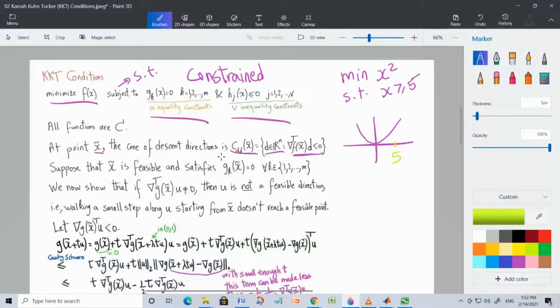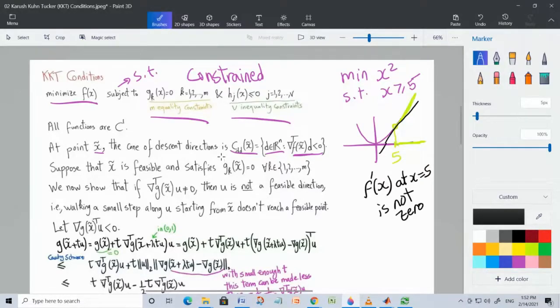Because now we want x to be greater or equal to 5. So we are focusing on this part, and on this part, the curve is going like this, and the minimum value is at 5. But is the tangent to the curve here equal to 0? No. So f prime of x at x equals 5 is not 0, right?